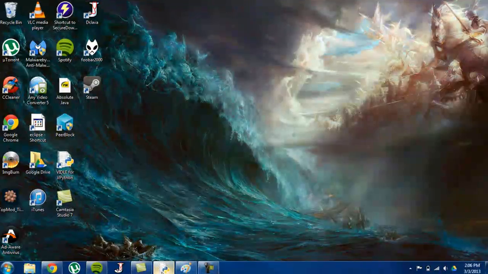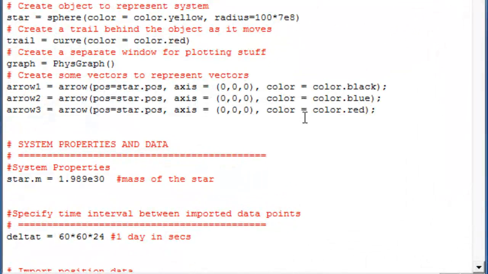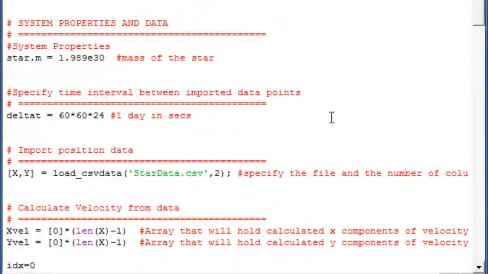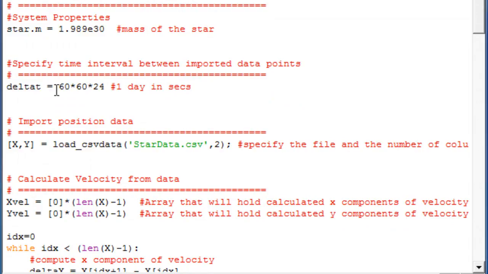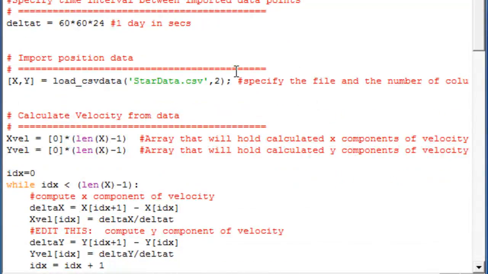So in the VPython program, I set the star's mass equal to 1.989 E30. I set the change in time equal to 1 day in seconds because it updates every day. And this is where we're going to load in all the position data.